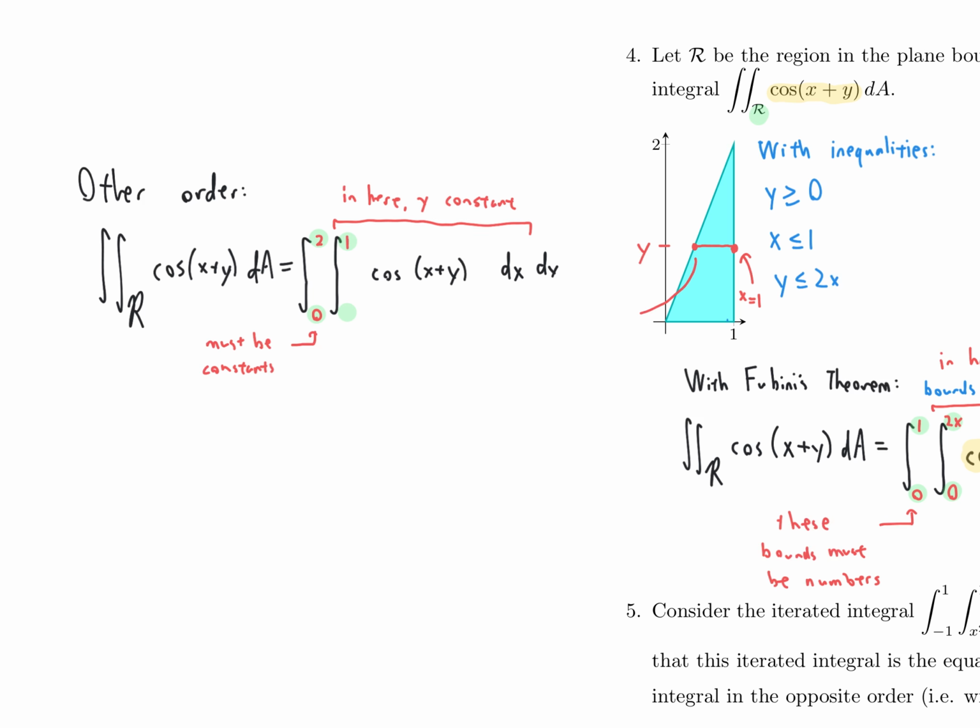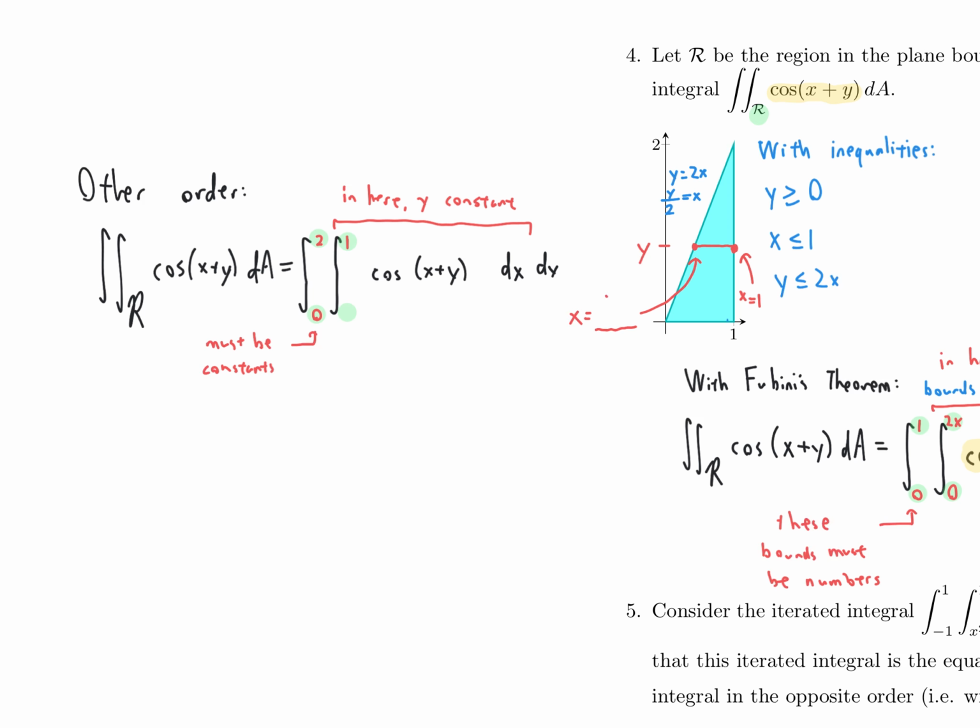Now the lower limit is what changes. You can see that for different values of y, I would get different lower limits of integration for x. So this is going to be the limit of integration that depends on y. Now that lower limit of integration is determined by that line y equals 2x, but I'm trying to say what the x value is in terms of y, so I really just need to solve for x in that equation, right, that x equals y over 2.